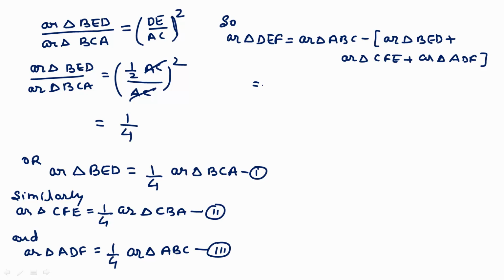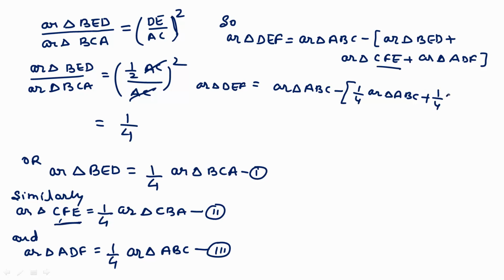Put all the values. Area of triangle DEF is equal to area of triangle ABC minus, and the area of triangle BED is 1 by 4 area of triangle BCA, BCA can be written as ABC, 1 by 4 area of triangle ABC plus, the value of area of triangle CFE is again 1 upon 4 area of triangle ABC plus, the value of area of triangle ADF is 1 upon 4 area of triangle ABC.